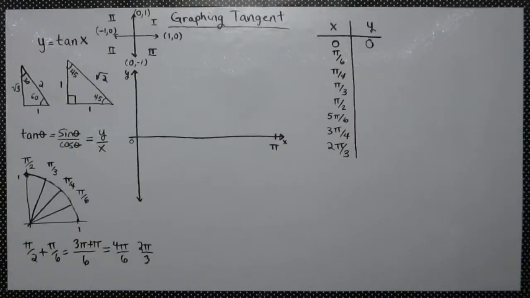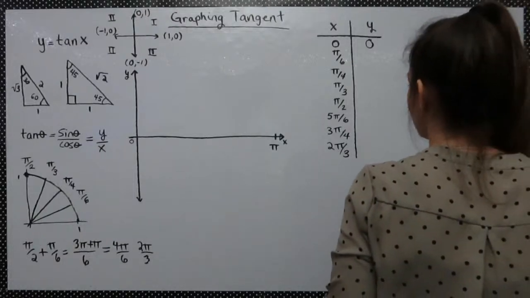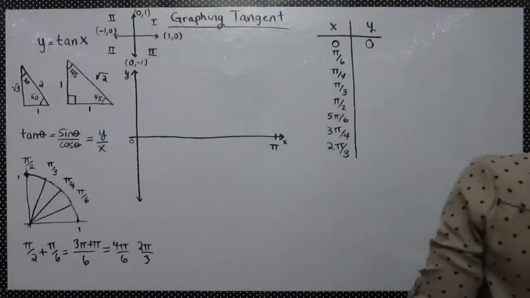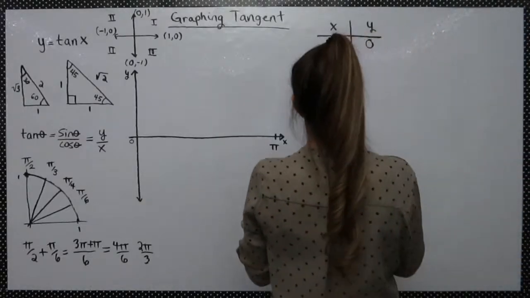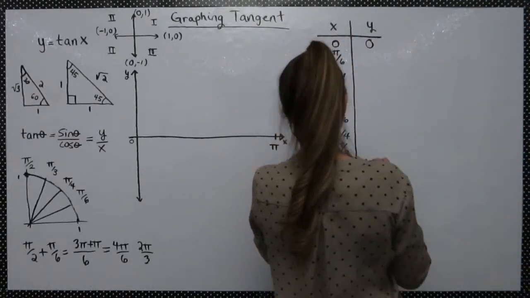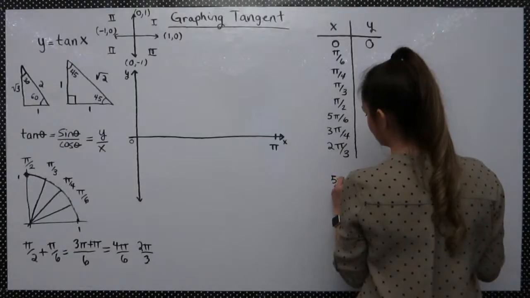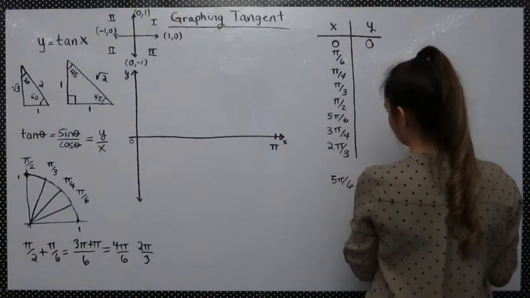So what do we have? We got 5 pi over 6, 2 pi over 3, 3 pi over 4, and 5 pi over 6. I just have them backwards. All right, so I have to switch these around, of course. So we got 5 pi over 6, 3 pi over 4.